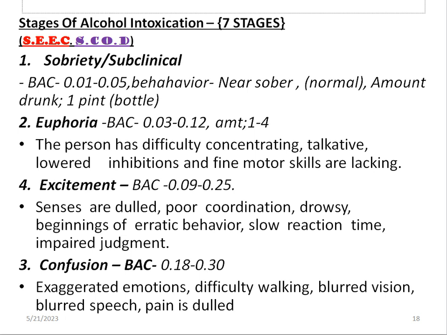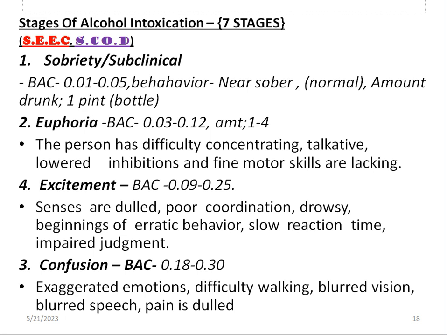Sobriety or subclinical, the blood alcohol content can range from 0.01 to 0.05. The client's behavior here may be near sober or near normal. The amount of beer that could have been drunk in sobriety could be just 1 pint or 1 bottle of beer.